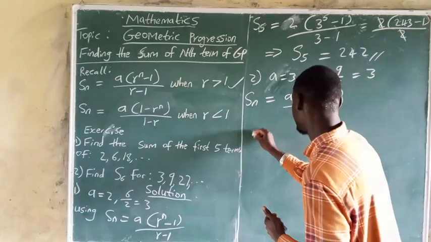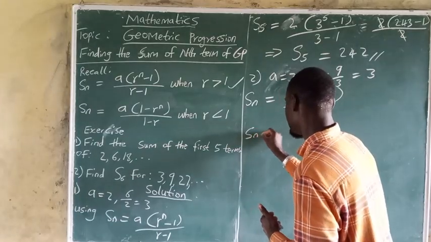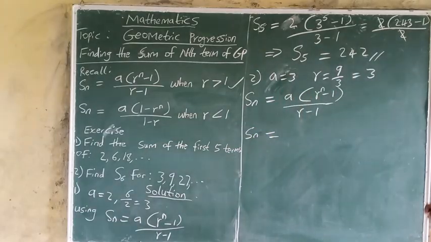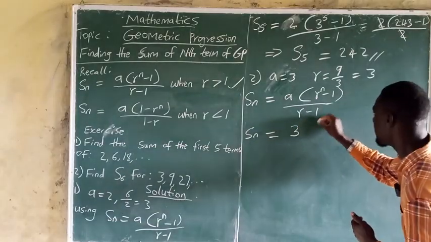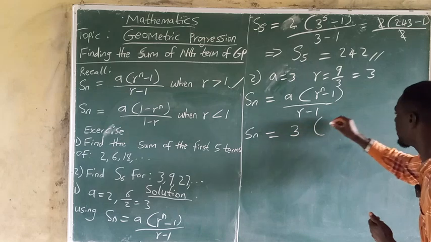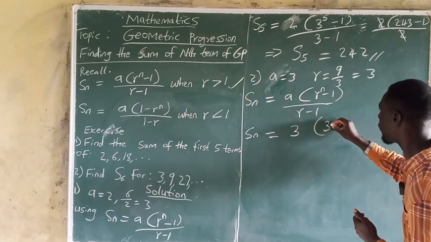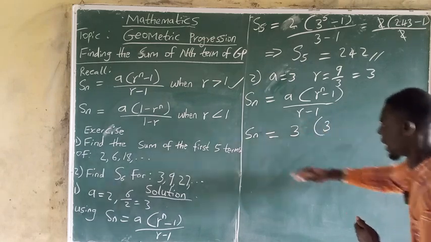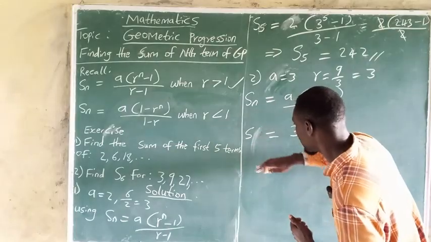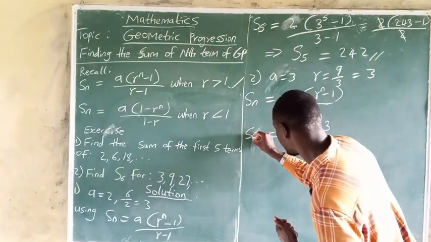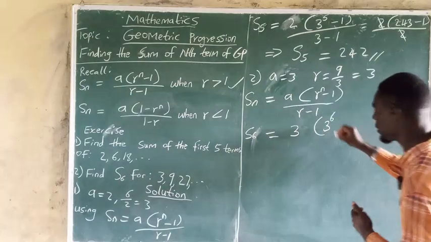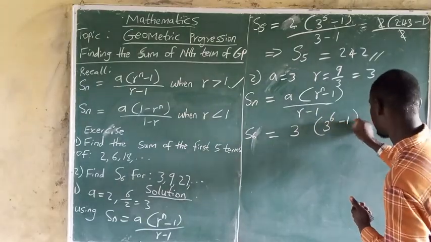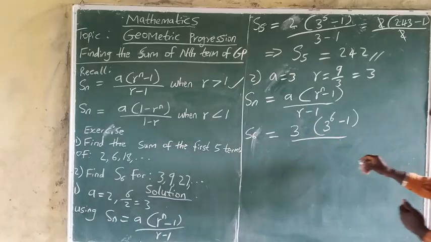In substituting, we have S of n is equal to, our A is now 3. Very good. Our R is 3 raised to the power of what? Now look, they want us to look for the sixth term. They want us to look for the sixth term. So our n here will be 6, minus 1, all divided by R minus 1.